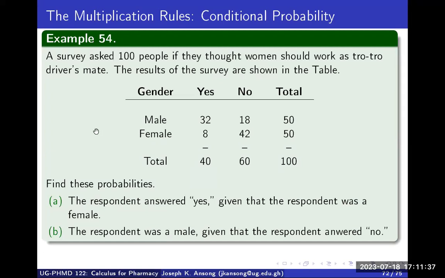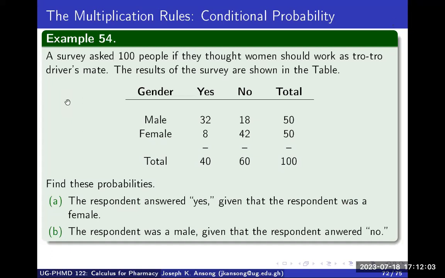So a survey asked 100 people if they thought women should work as truck driver's mates. These are people who follow a driver of a commercial truck or car, and they take fares on behalf of the drivers.